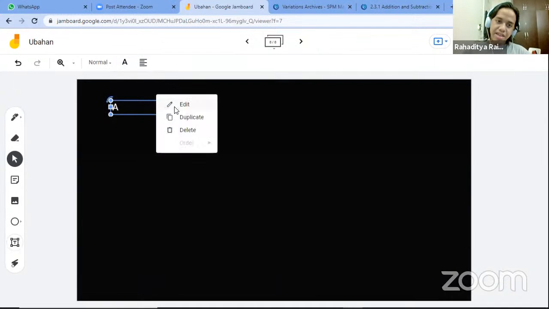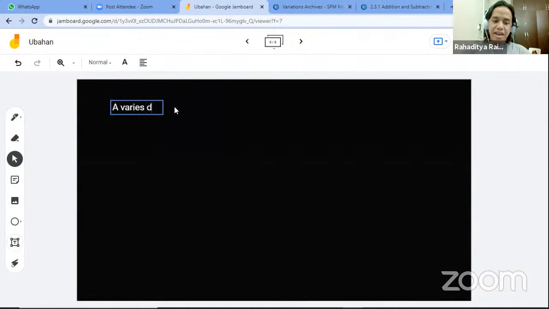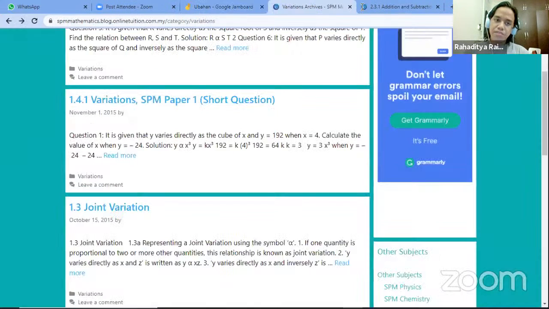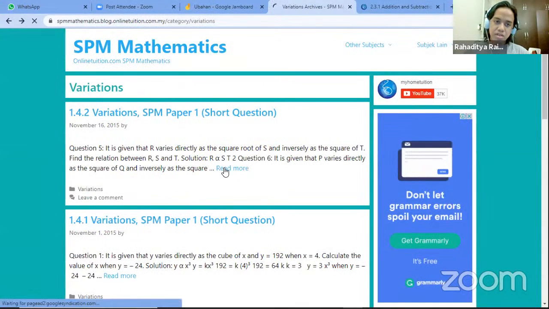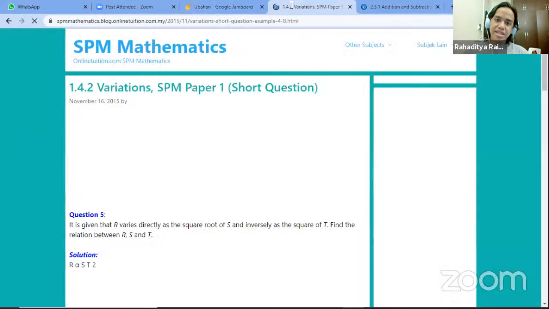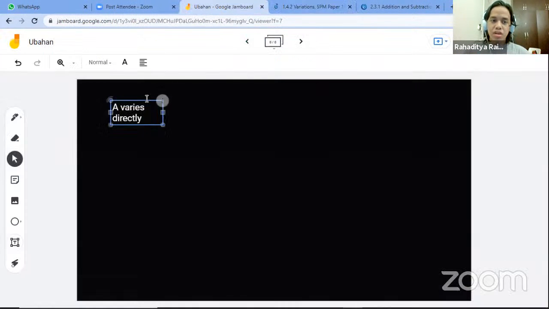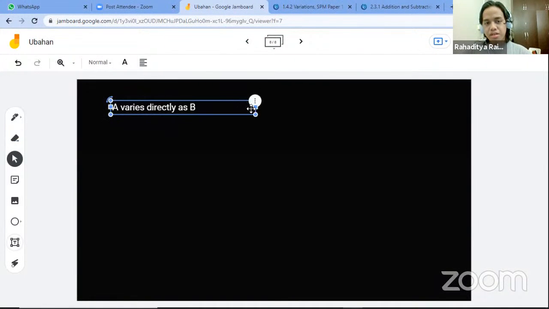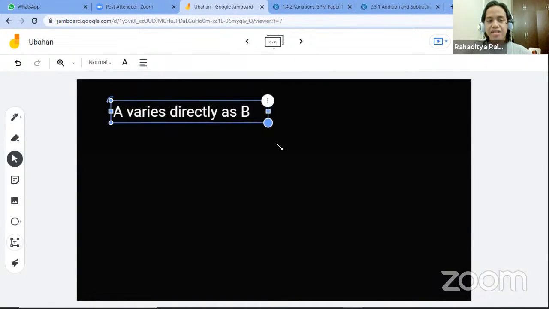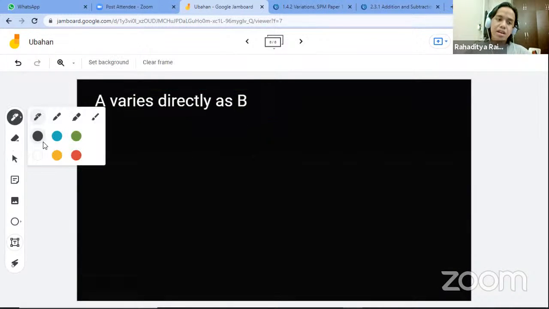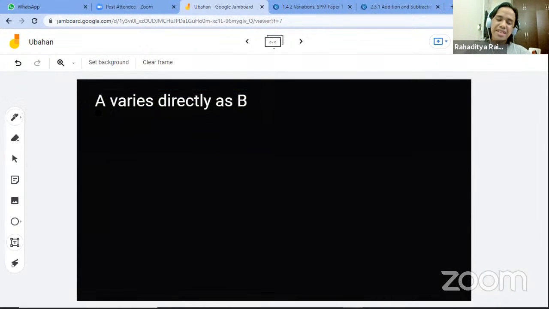Let's say we have something like A varies directly, like what the question will show you, as for example the square of x, or in this case, varies directly as B. This is what you've seen before. A varies directly as B, meaning that A will change its value based on how B will vary.